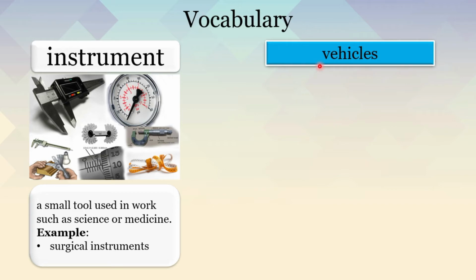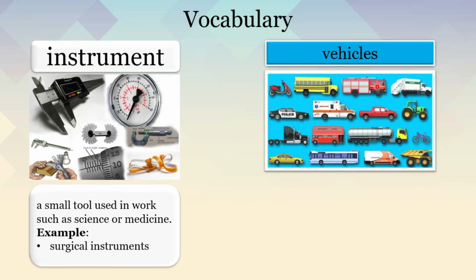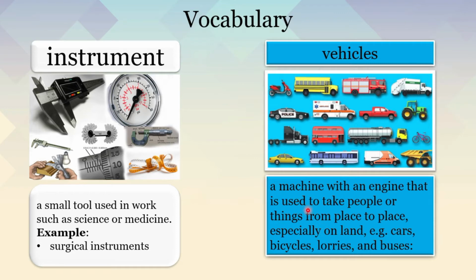Next is vehicles. These are vehicles. A vehicle is a machine with an engine that is used to take people or things from place to place, especially on land. For example, cars, bicycles, lorries, and buses.